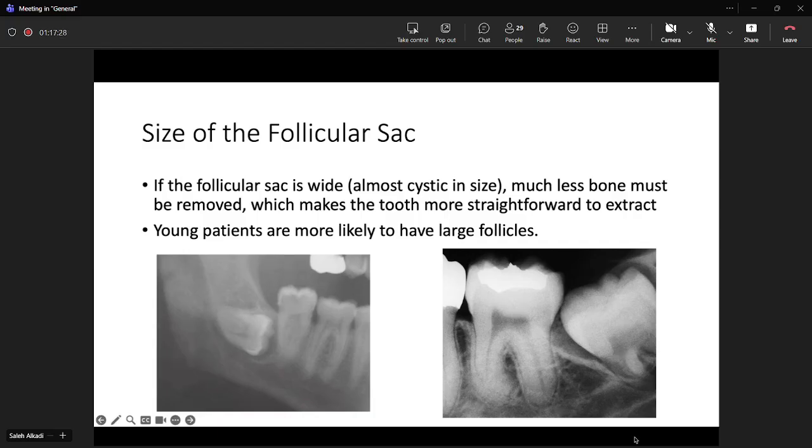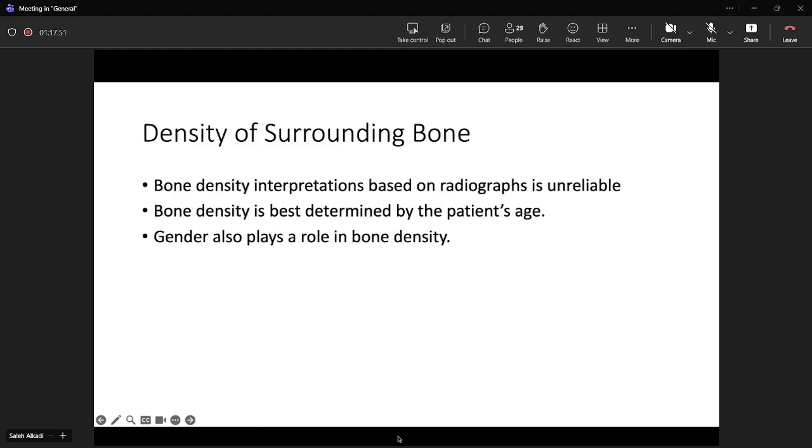Also, the size of the follicular sac, or the follicle: the larger the follicle, the easier the extraction. That's because there is less bone to be removed, which makes the tooth extraction more straightforward. And this is usually the scenario in young patients, where they have large follicles around the tooth, so less bone needs to be removed and the extraction will be easier.